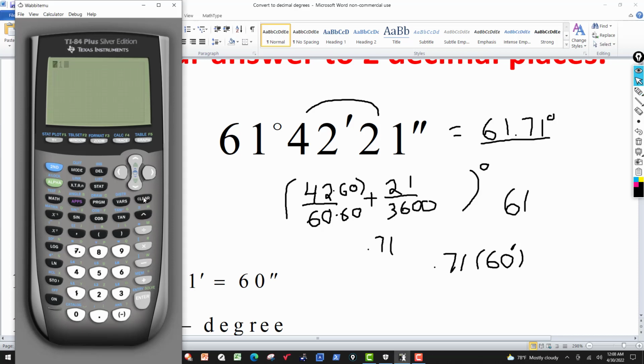So then I multiply this out. 0.71 multiplied by 60 gives me 42.6. So I'll come back over here, and of course this is going to be degrees here, and it's 42.6 minutes. So I'll take the whole number of the 42, that's minutes, and then I take the 0.6.